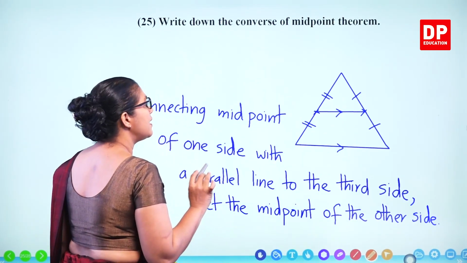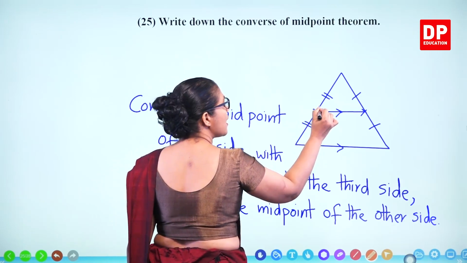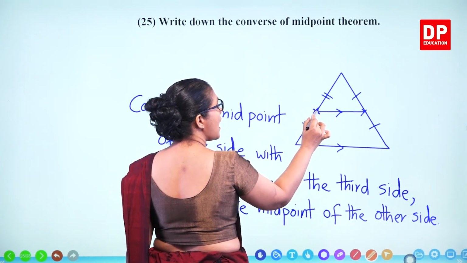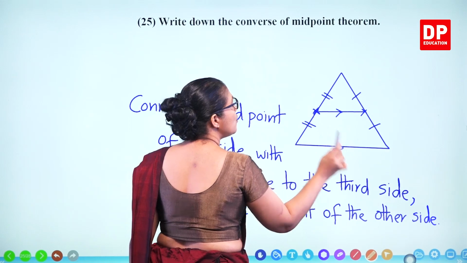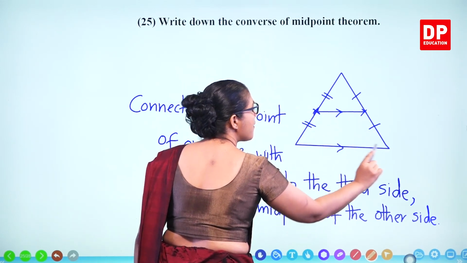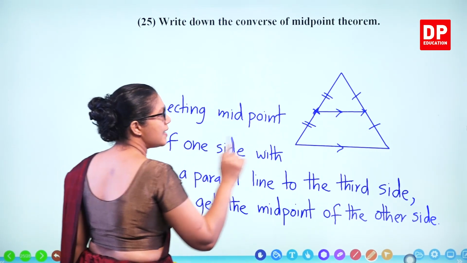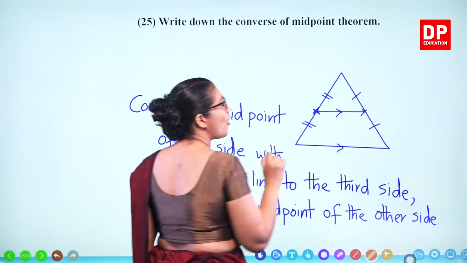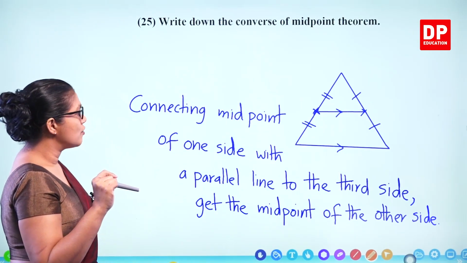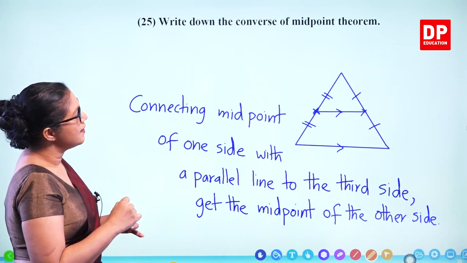So basically you have to remember, when you take the midpoint of one side and when you draw the parallel line to the third side, you get the midpoint of the other side. So that's the converse theorem.